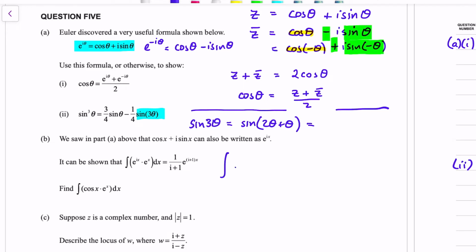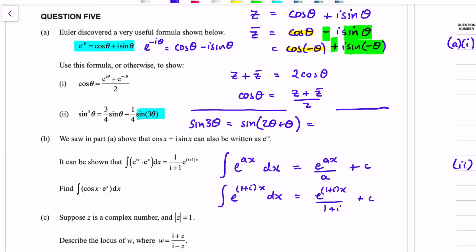The reason being, we know that if we integrate e to the ax, then it's just the same thing divided by a, if a is a constant, plus c, which I noticed that the exam has missed out. So if we have e to the (1 plus i)x, and we're integrating that, it's e to the (1 plus i)x divided by 1 plus i. So it works exactly how we would expect it to work.